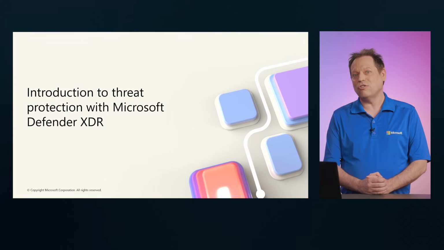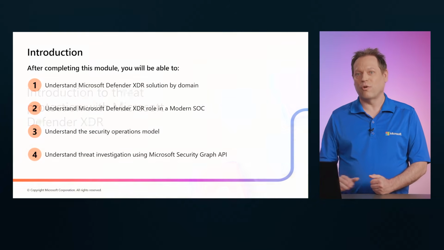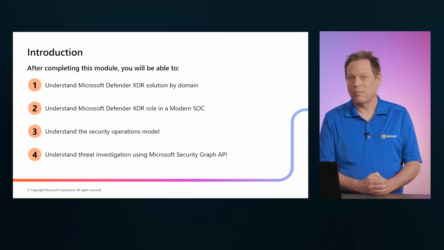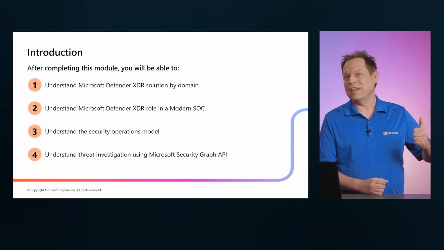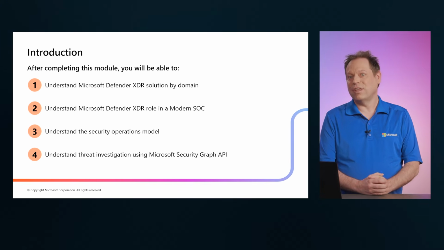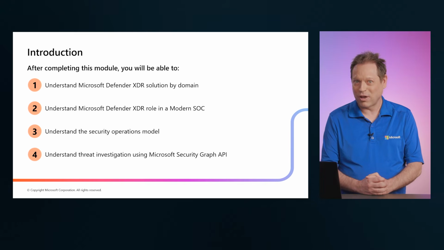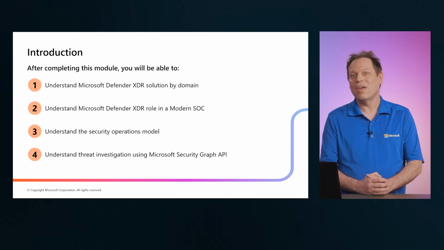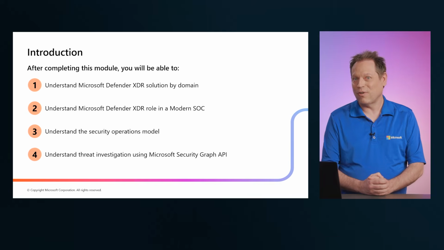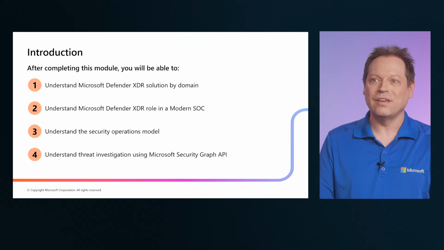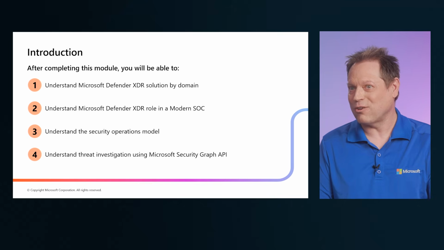By the end of this module, you should be able to do four things. First, understand the Microsoft Defender XDR solution by domain, meaning how the different Defender workloads contribute signals and response actions. Second, understand Defender XDR's role in a modern SOC, where speed, scale, and correlation matter.